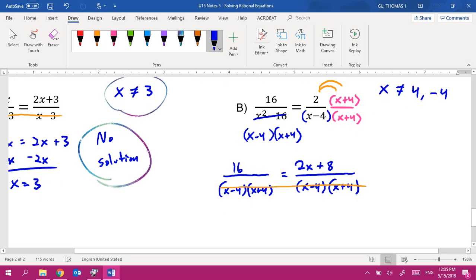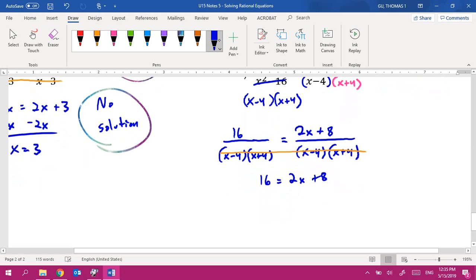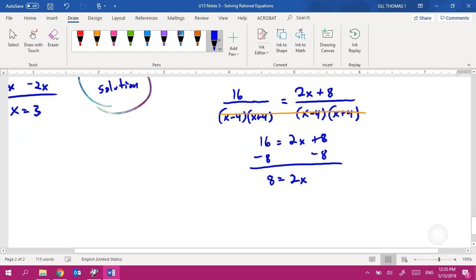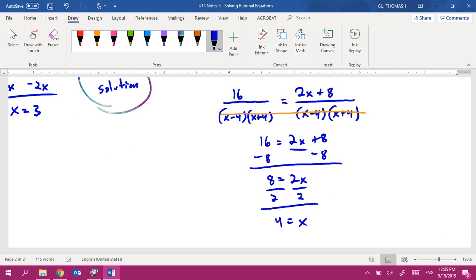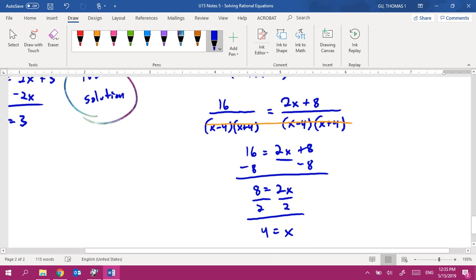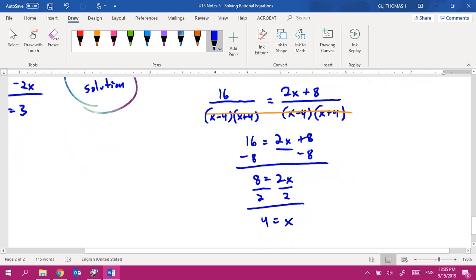What's left? 16 equals 2x plus 8. And so what am I going to do to solve? Subtract 8. So we get 8 equals 2x, and then what do I need to do? Divide by 2. What's my answer? X equals 4, so that is no solution because my restriction was 4. 4 is one of my restrictions, so no solution.